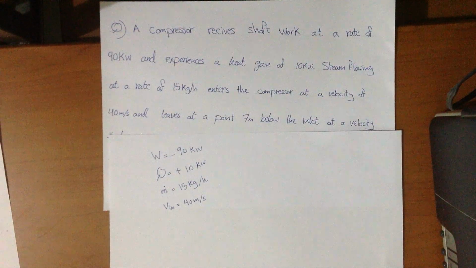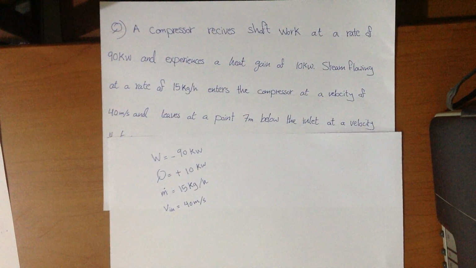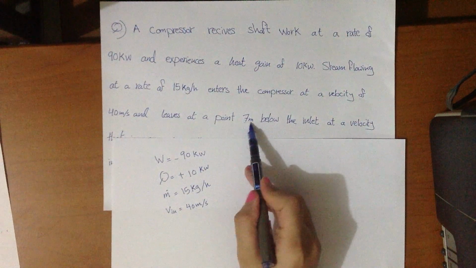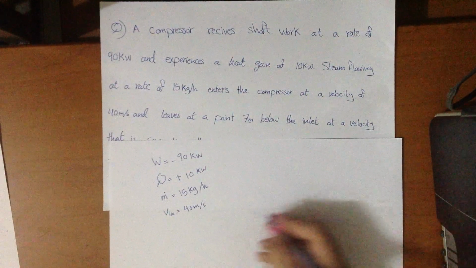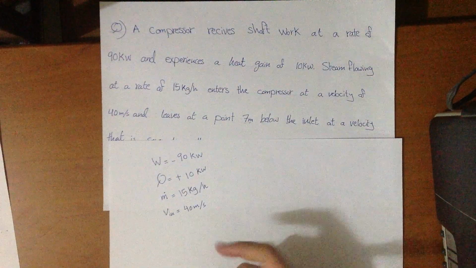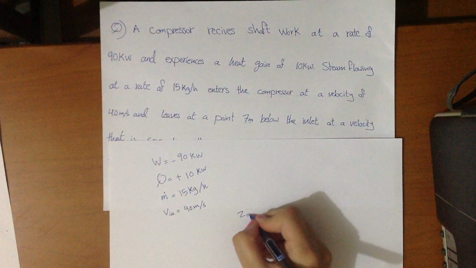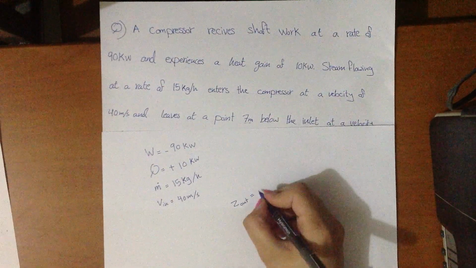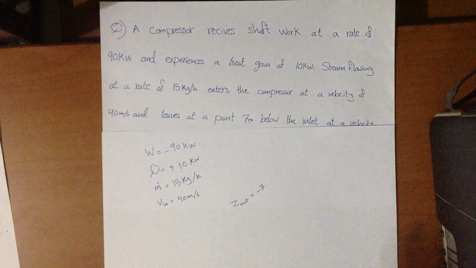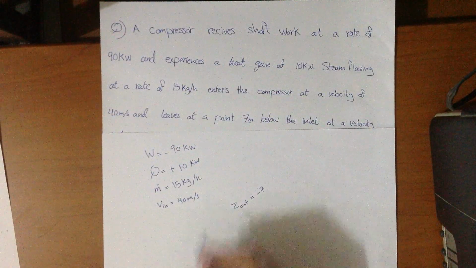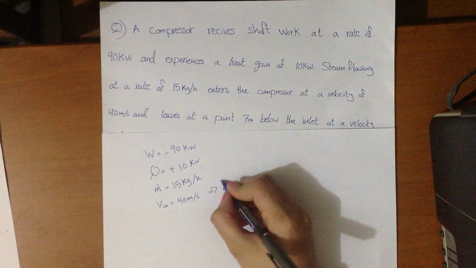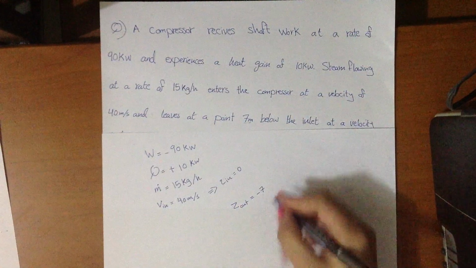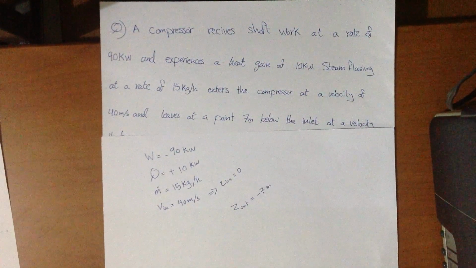It leaves 0.7 meter below the inlet. Okay, so this is the outlet point. We could assume the point as Z. So Z out is equal to minus 7 because it is below the inlet point. We could assume that the inlet point, Z in, is equal to 0, and it's below the 0, so it should be minus 7 meter.